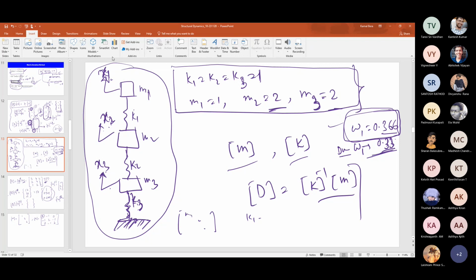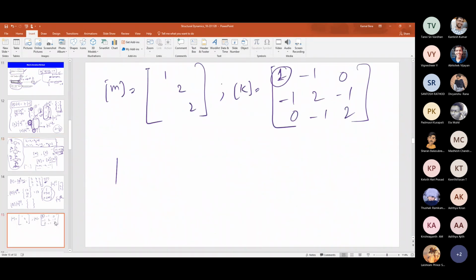That's why in assignments I can see some people writing without calculation. Generalized mass matrix, generalized stiffness matrix, minus K2, K2, K3 or something like that. It is not like that. It depends upon the degrees of freedom sequence. Okay, I think the way you are saying is like this.